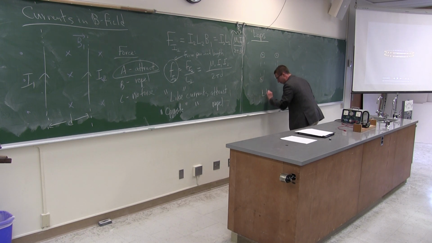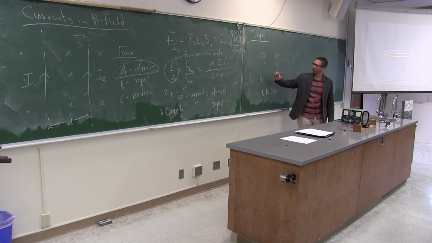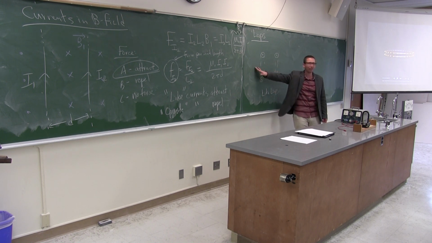These would be like loops. Now the loop that's on the left-hand side, can anyone tell me what side, if we think of this as a little magnet, what side of this loop is its north pole on? The left or the right?